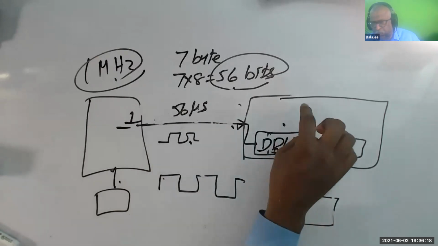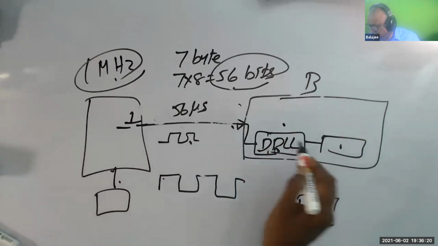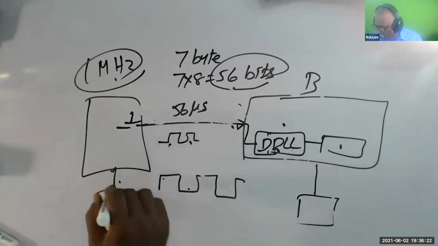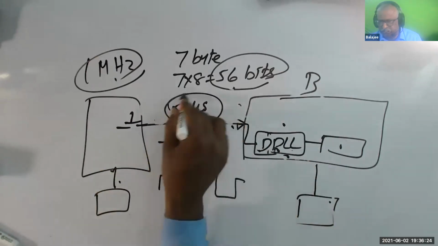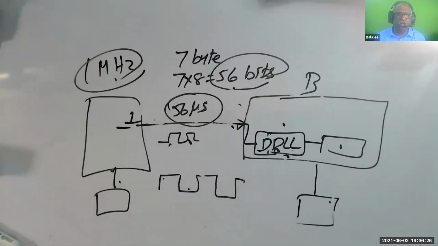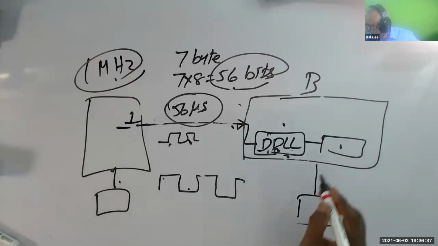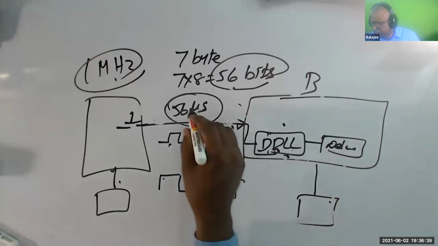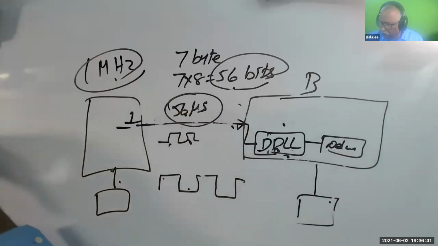The B guy is supposed to find the delay between the A clock and B clock within the 56 microseconds. If you don't find out the delay, then gone. I cannot do anything. It is the responsibility of the hardware to find the delay within these 56 microseconds.